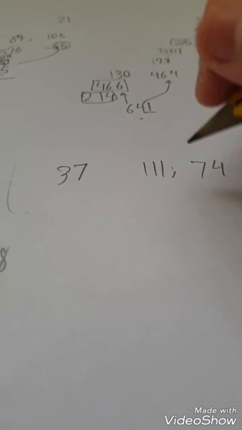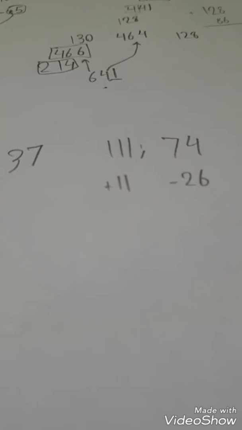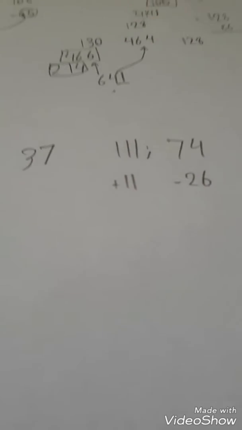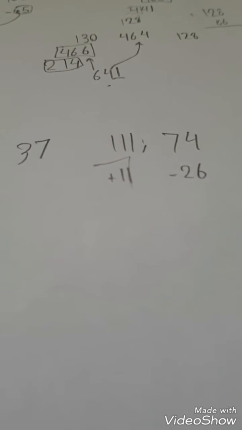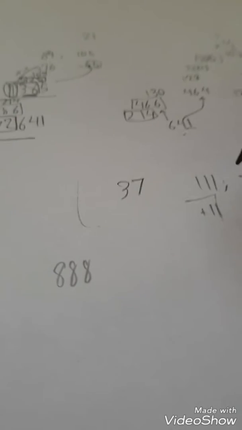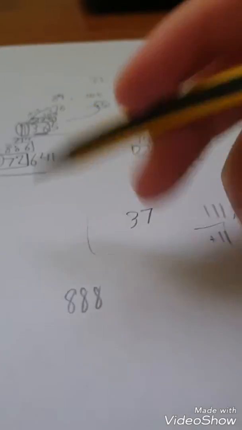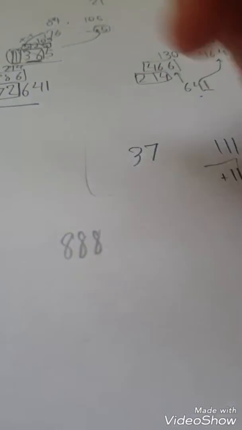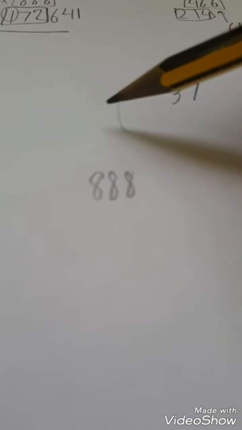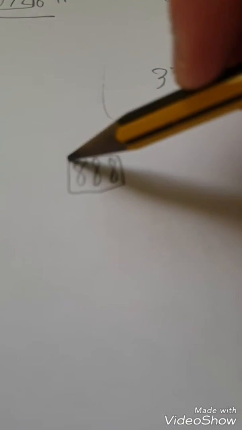I will find the difference from 100. This difference is plus 11 and this one is minus 26. So I will use the multiply by 11 because 26 will be hard. So let's use this and we will minus 11. So 8 multiply 11 will give us 88.